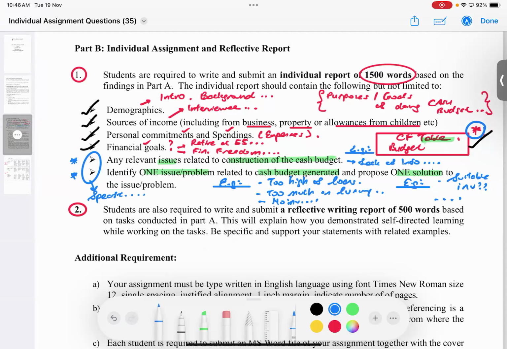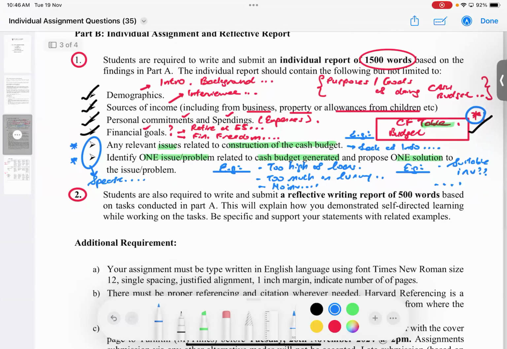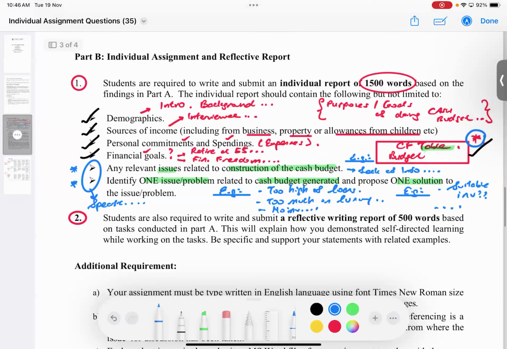Then after that, we can go to the next part. Regarding the 1,500 words, what's the percentage of the whole? It depends on how you draft your work. As long as it's within 1,500, I'm fine. But because it's quite important, you can spend more words over there.